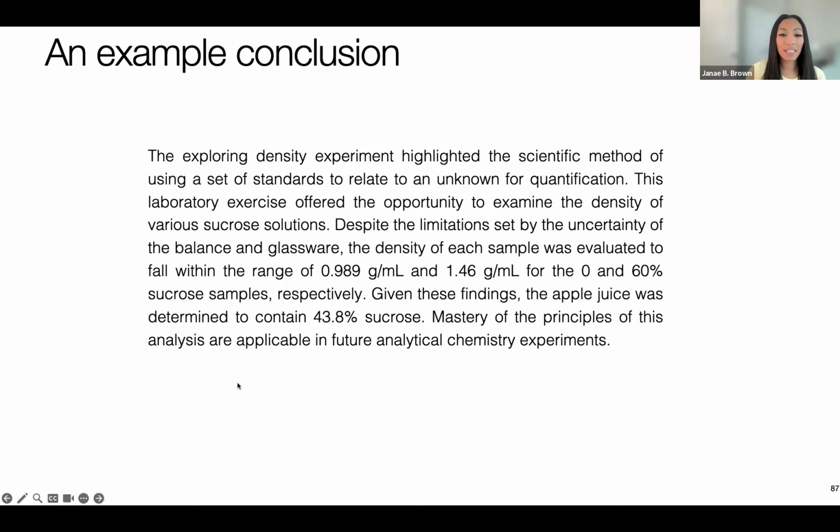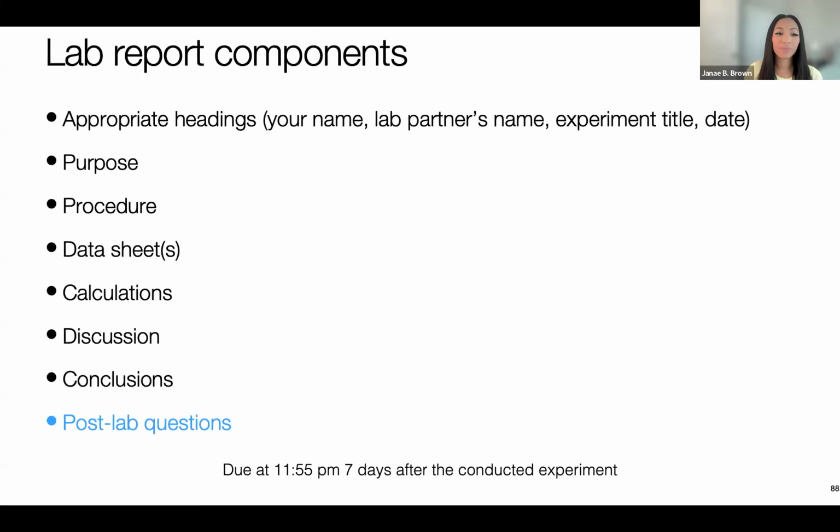And then finally, taking a look at why this experiment can be applicable to other areas of chemistry, other areas of science, or even that real world view, how it can be useful outside of science. You could think about food chemistry and how this might be important, for instance, in looking at nutrition facts. And so these are just a few recommendations here.